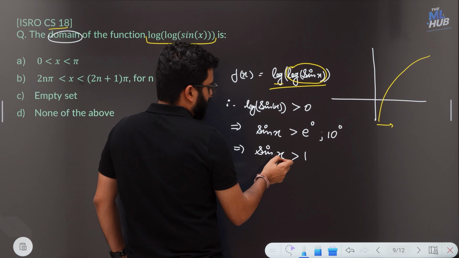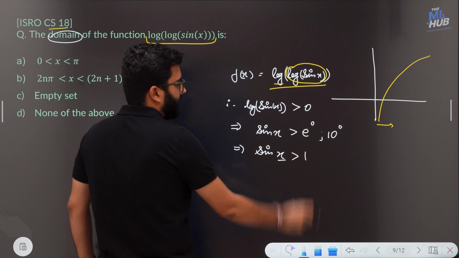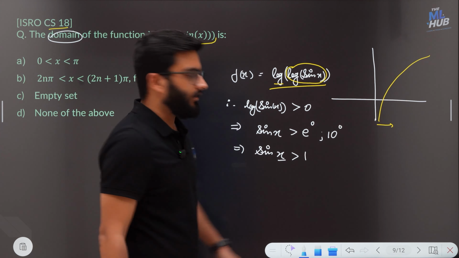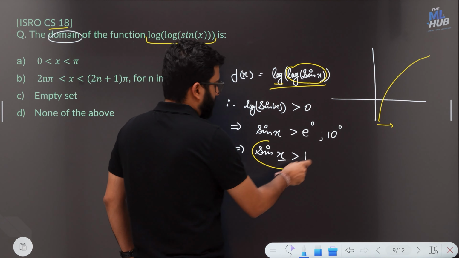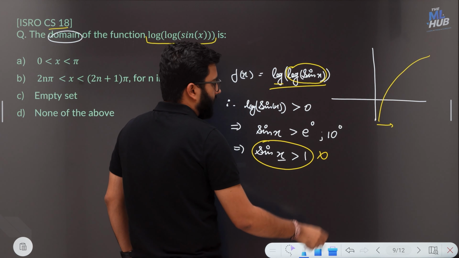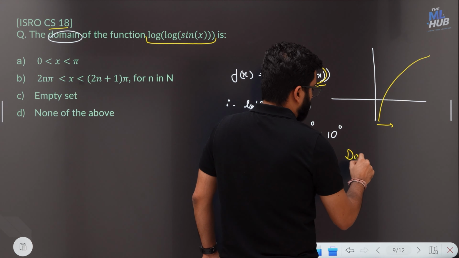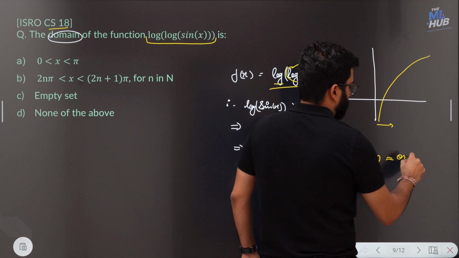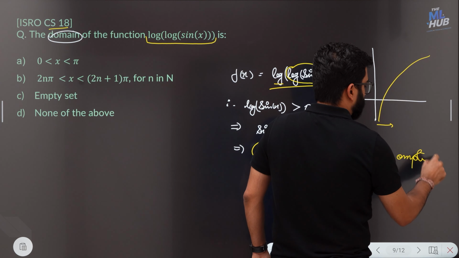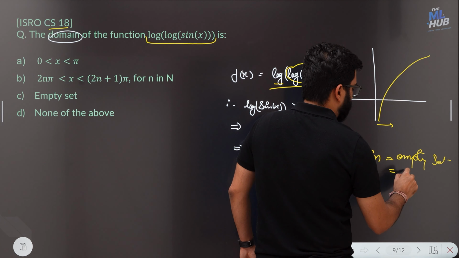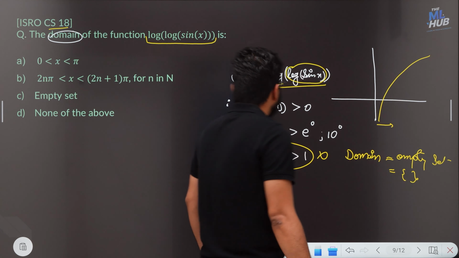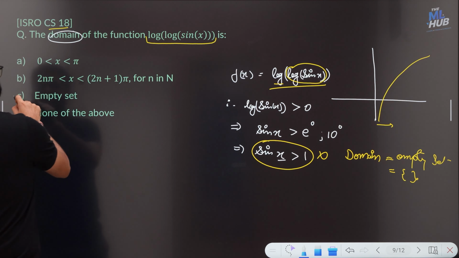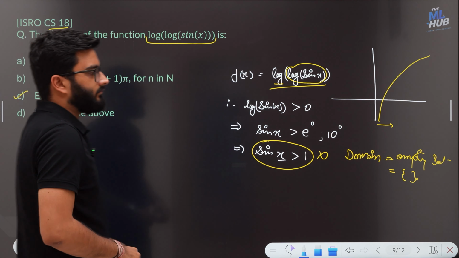So what are the values of x which satisfy this equation, sin x greater than 1? So the answer is no value of x satisfies this. So domain will be an empty set. So C is the correct answer.